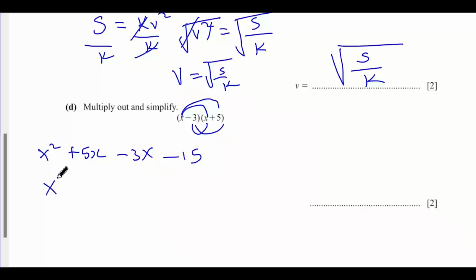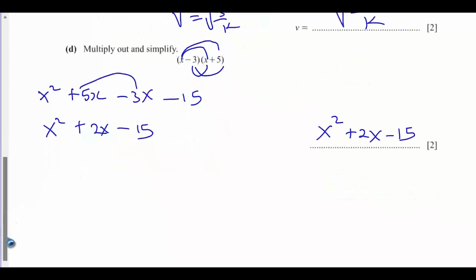So we have x squared. This and this will give you plus 2x. Then minus 15. Okay, so we have x squared plus 2x minus 15. So that is what you have there.